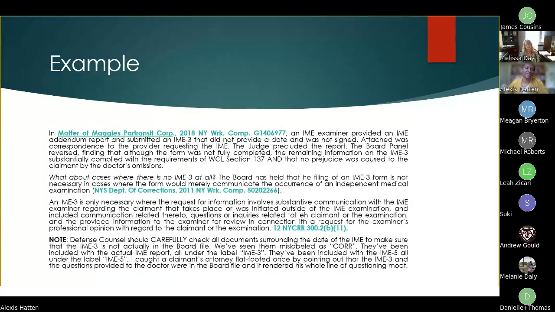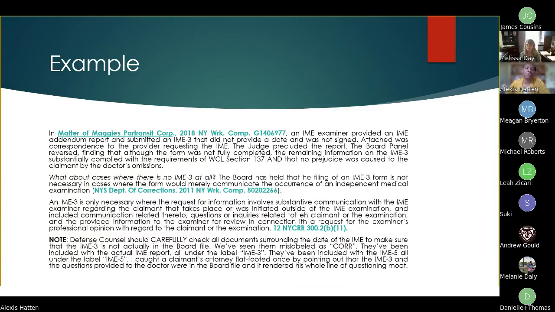So basically, what you need to know here is that an IME3 is only necessary where the request for information involves substantive communication with the IME examiner. And the other thing is that in this case, an IME examiner provided an IME addendum report, submitted an IME3 that did not provide a date and was not signed.